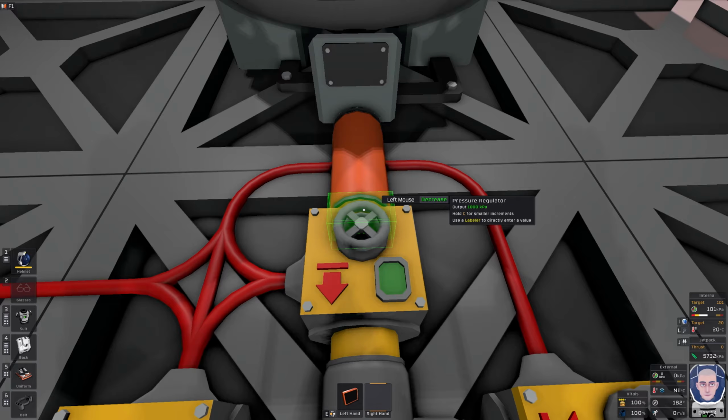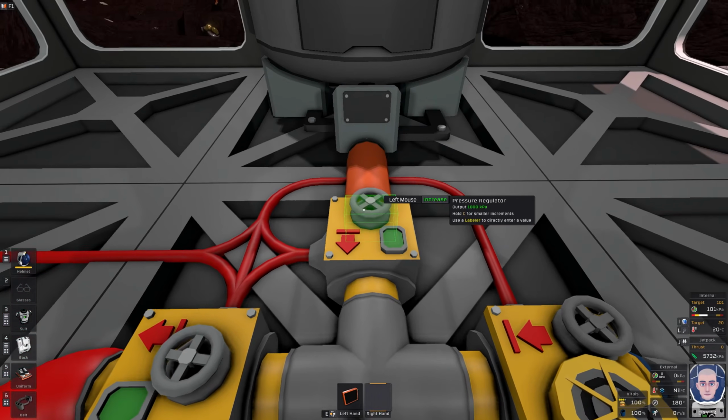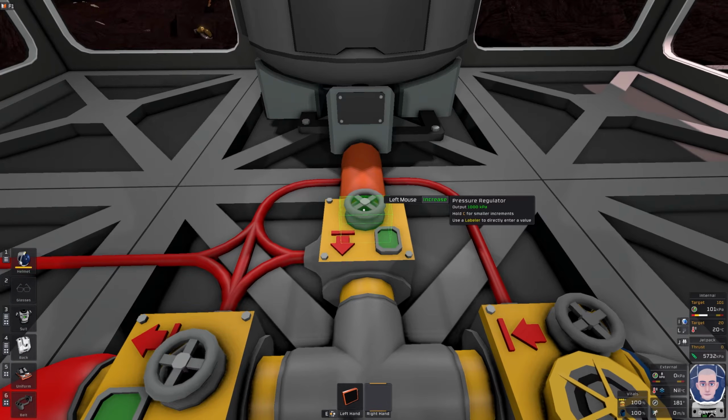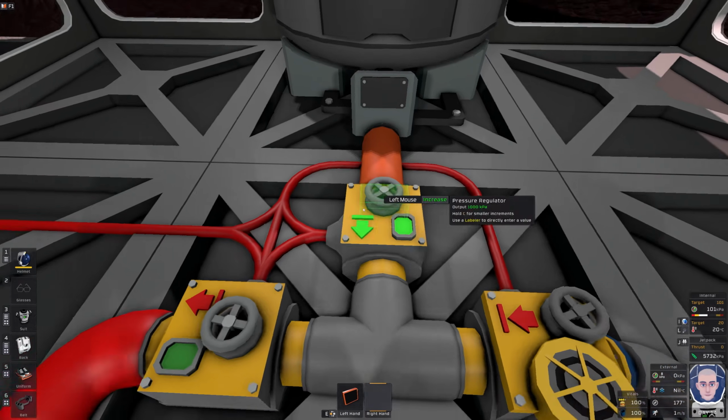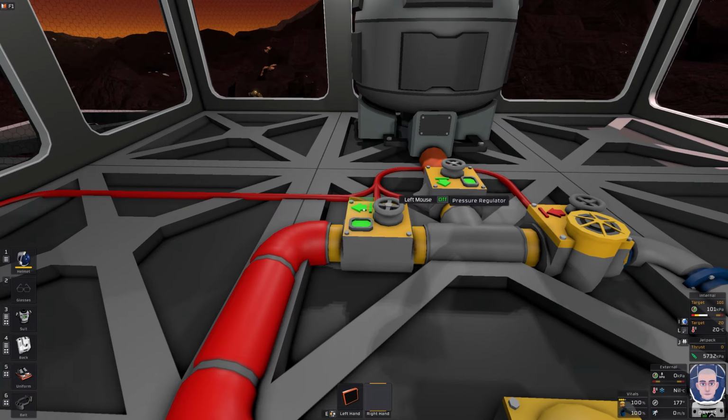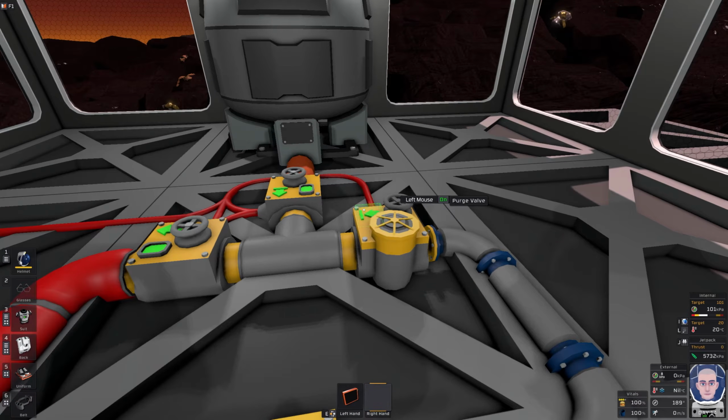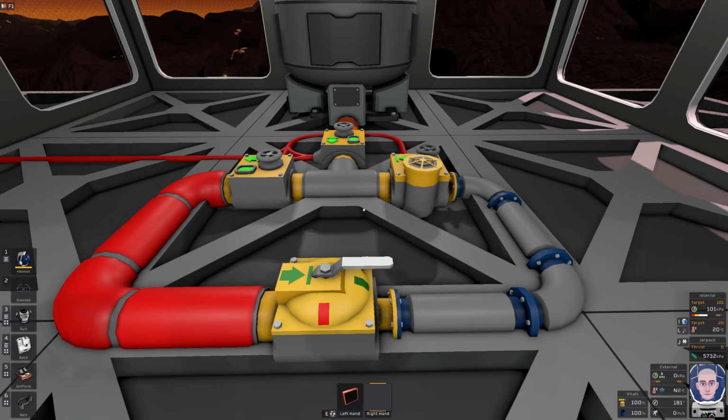And this keeps this filled. It's set to 1,000, so it's just designed to add gas. So we'll start this up and we'll start injecting gas here. We'll start a compressor and we'll start our purge.